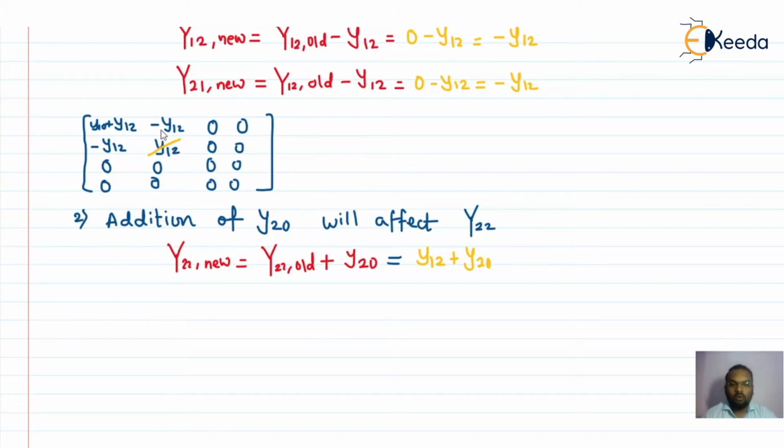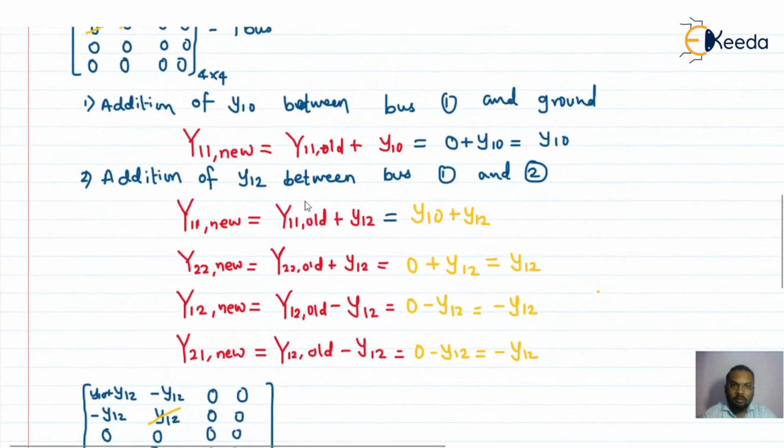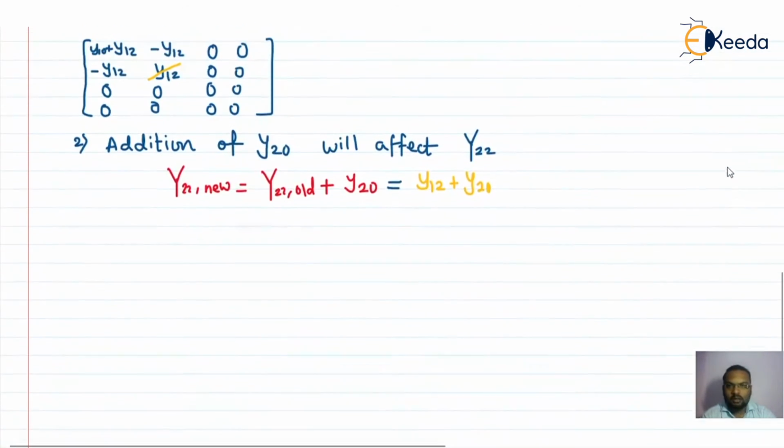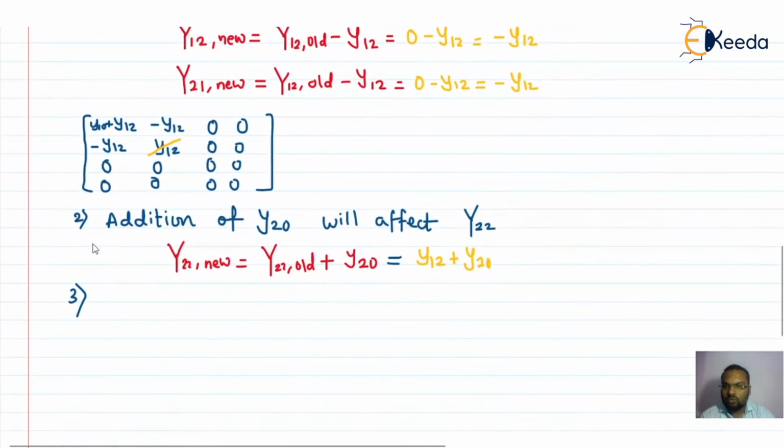Okay, now I will consider an element between buses. Let us consider the addition of an element between bus 2 and 4. Let us consider that 1, 2 is 3, it will be 4.